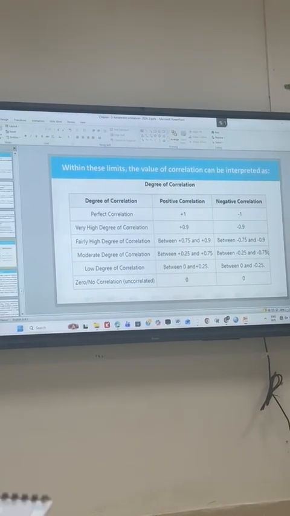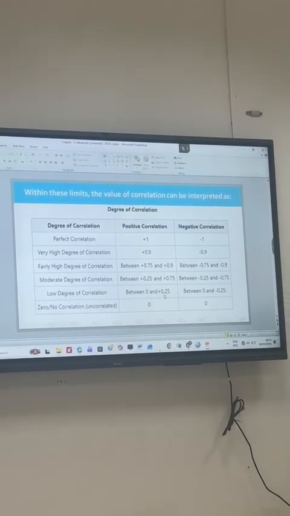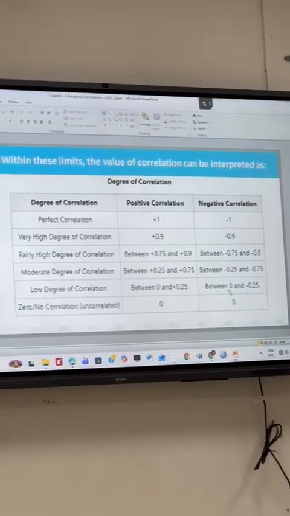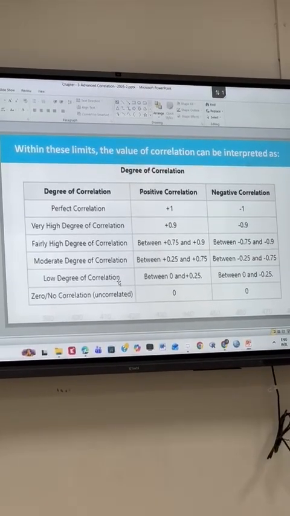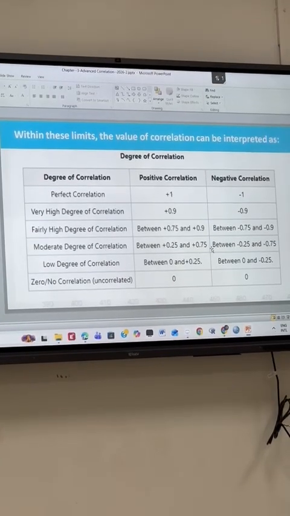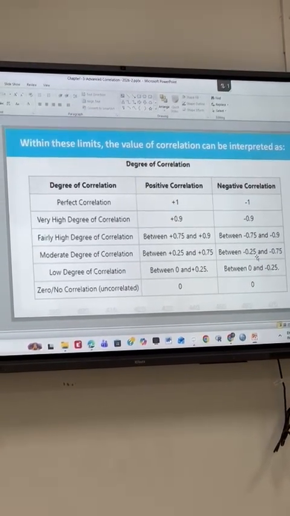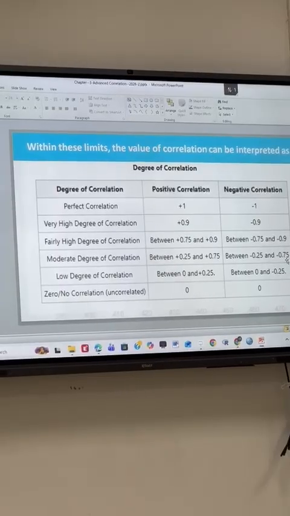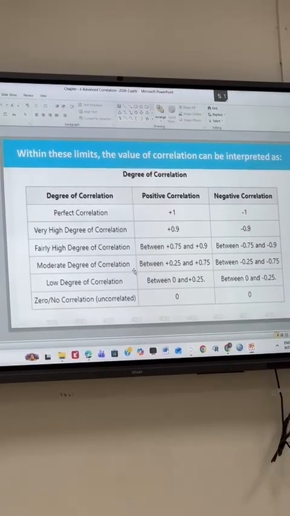Here, a value between 0 to 0.2 or 0 to minus 0.2 is a low degree of correlation. A value between 0.25 and 0.75, or minus 0.25 and minus 0.75, is known as moderate correlation.